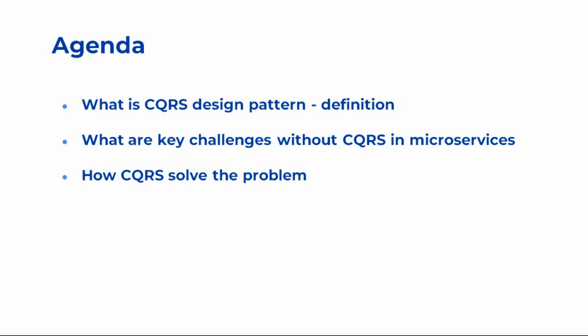You'll see where the pain points really show up. And finally, we'll see how CQRS actually solves those problems and why it can make a big difference in real-world systems. So yeah, by the end you'll not only know what CQRS is, but also why it exists and when it makes sense to use it.